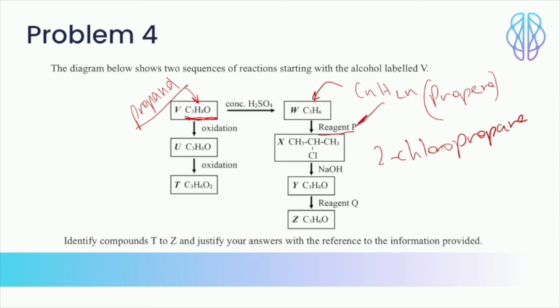Now, V and Y have the same molecular formula. They could be isotopes. They could be isomers. Sorry, not isotopes. However, we'll say propanol for now. And we know U and Z also have the same formulas. So if we find U, we'll find Z. So in effect, we've simplified this question.